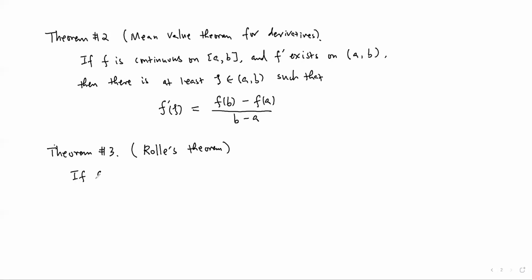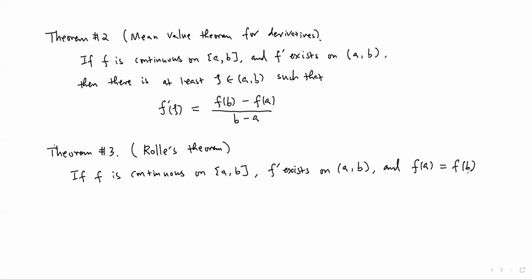If function f is continuous on a closed interval, the derivative exists on the open interval, and one more condition: function value at A is equal to function value at B, then this number is equal to 0 because f of B minus f of A is 0.